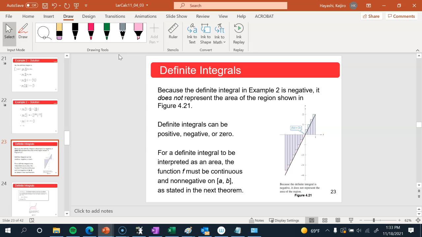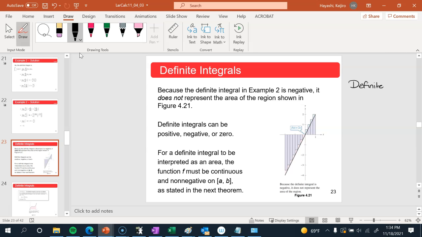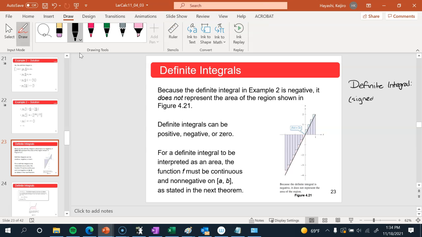Okay. So a definite integral can be thought of as an area, but you have to make sure that if you're going to think of it as an area, that you think of it as a signed area.